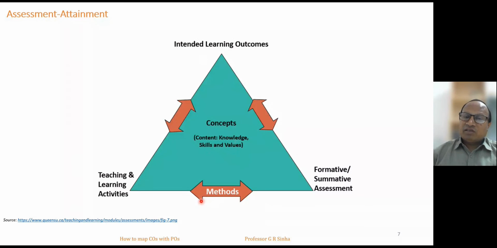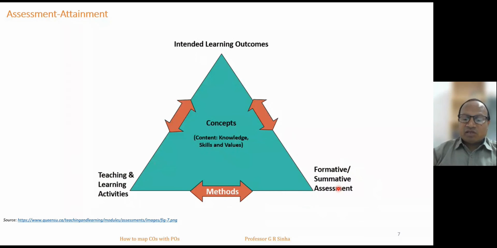So it requires certain methods, and the methods are either the teaching learning activities, where we have regular assessment components in the form of quizzes, tests, assignments, projects. So teaching learning activities or engagements are there through which we can assess. And there is another very important type of assessment, which we call either formative assessment or summative assessment.